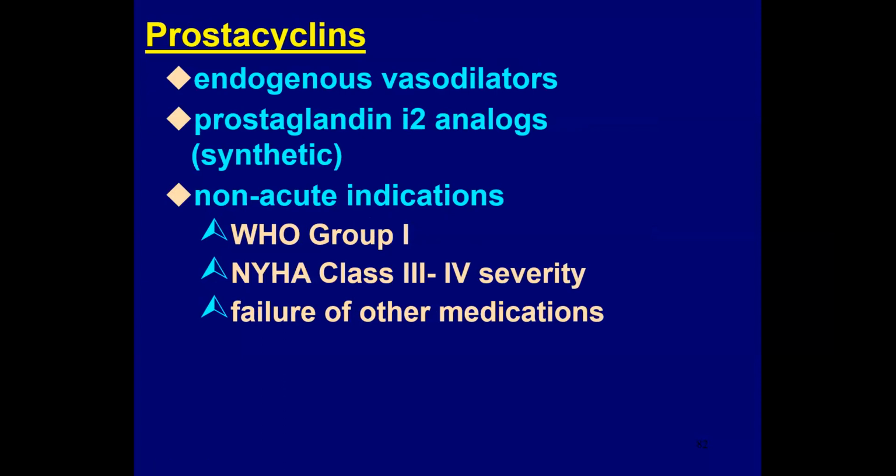More importantly, even better, there are prostacyclins. These are endogenous vasodilators. We always have them in our bodies at different levels. There are also the prostaglandin I2 analogs, which are synthetic, and they are used for non-acute indications: WHO group 1, NYHA class 3 to 4 severity, and failure of other medications.